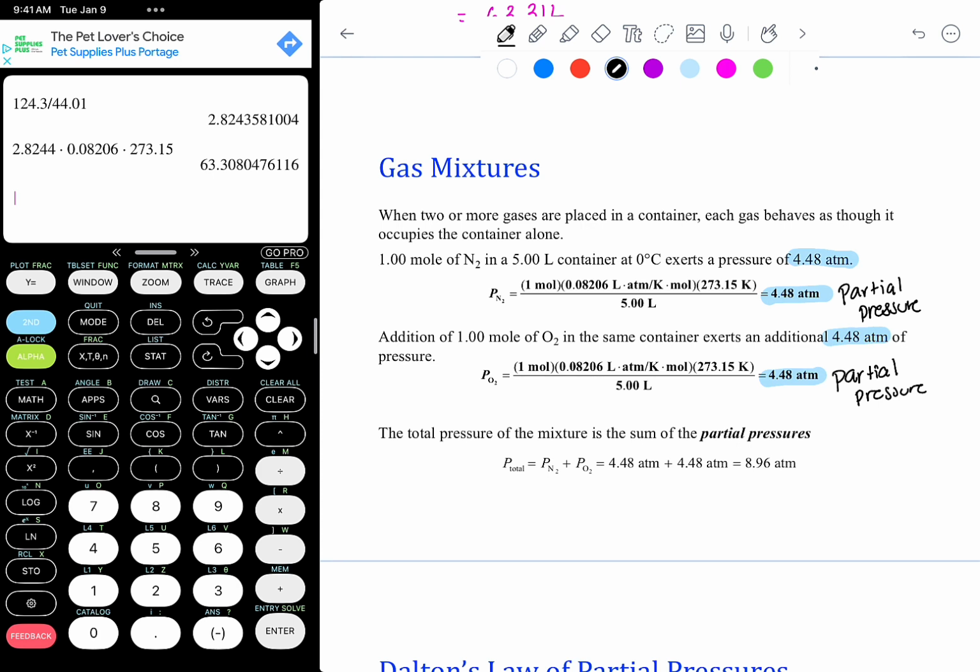So the pressure of the nitrogen gas plus the pressure of the oxygen gas. So we can add those up and we can see that the total pressure of the entire container with nitrogen and oxygen gas both in there is equal to 8.96 atm, which is the addition of 4.48 to 4.48. So we took the individual partial pressures and added them up.